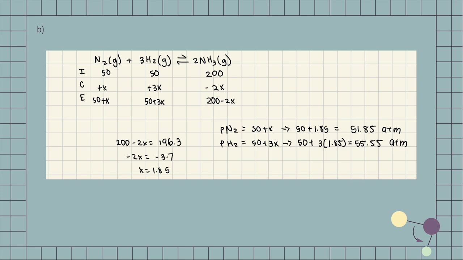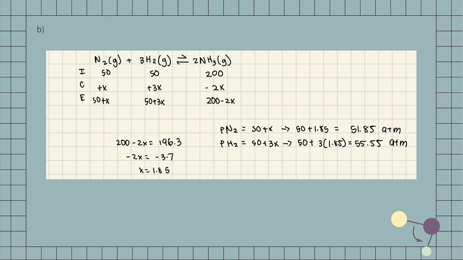To find the equilibrium partial pressures of N2 and H2, I first set up the ICE table by plugging in all the initial values that were given in the question. Since it was moving in the forward direction, I added the x's to the reactants and subtracted them from the products. As the equilibrium partial pressure was given for NH3 in the question, I used that to solve for x, which yielded an x of 1.85.